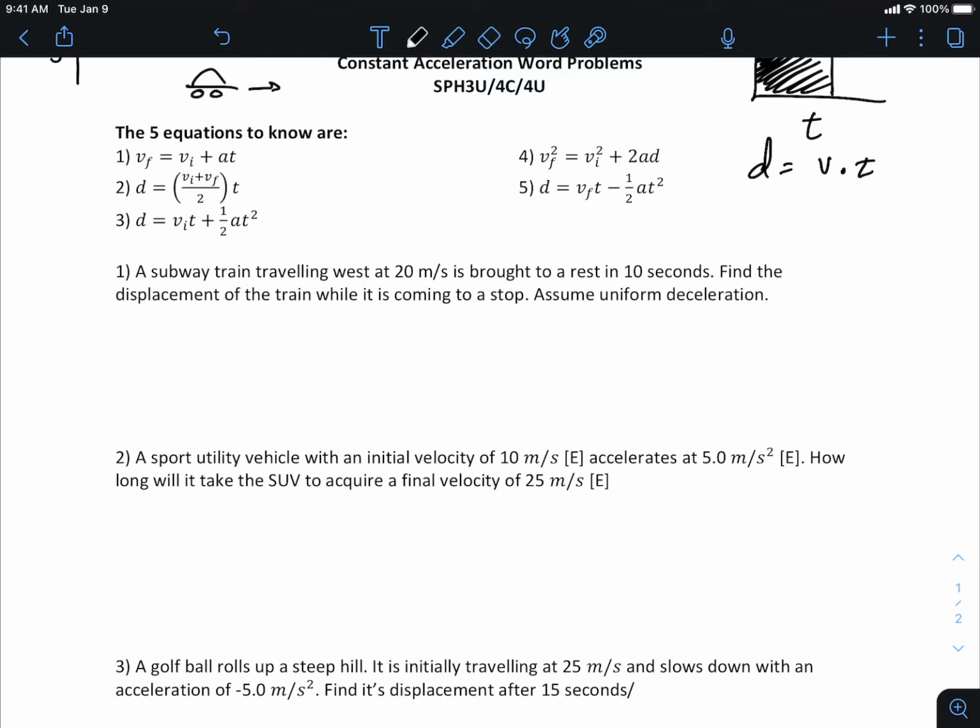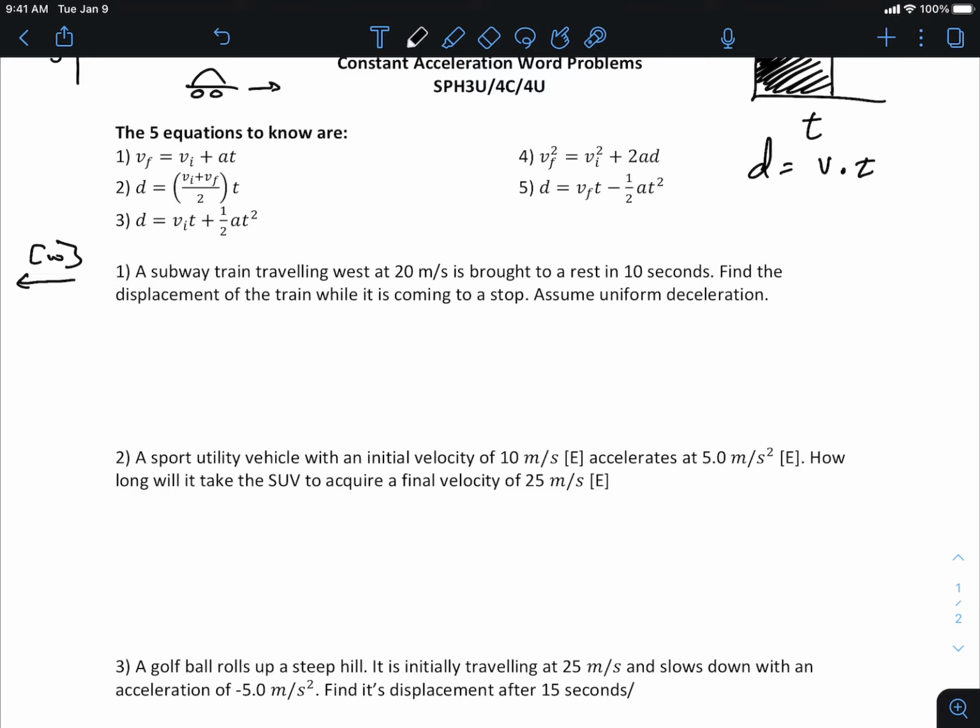This question is being set up in a way where the subway is traveling towards the west. And so we know its initial velocity. It's telling us that it's traveling at 20 meters per second.